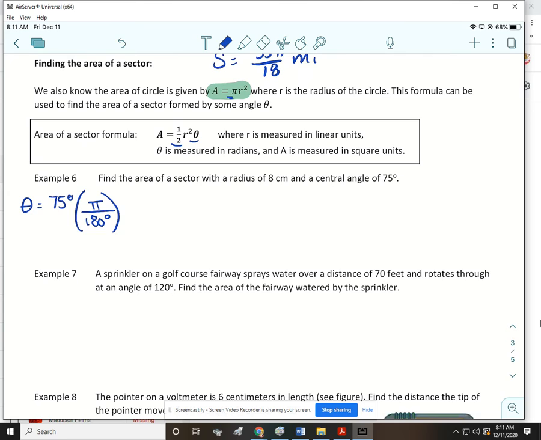Okay, so the degrees are going to cancel out. And so we would get 75 pi over 180. I know I can reduce those by 5. So we get 15 pi over 36. And that will reduce one more time by 3. And so we get 5 pi over 12.